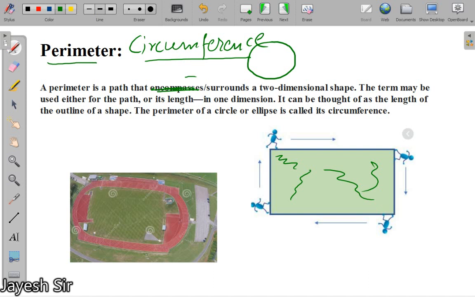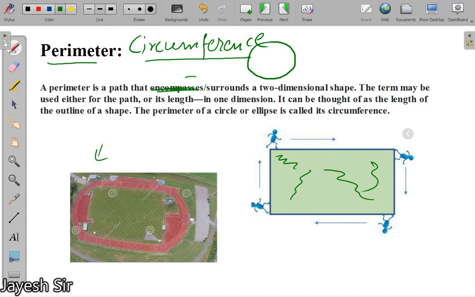See, in this right hand side figure, you can see a person walking along the path. In the left hand side figure, I've taken a picture of this track field. The place where you will be running in this track field is called its perimeter, that means this pink boundary line.